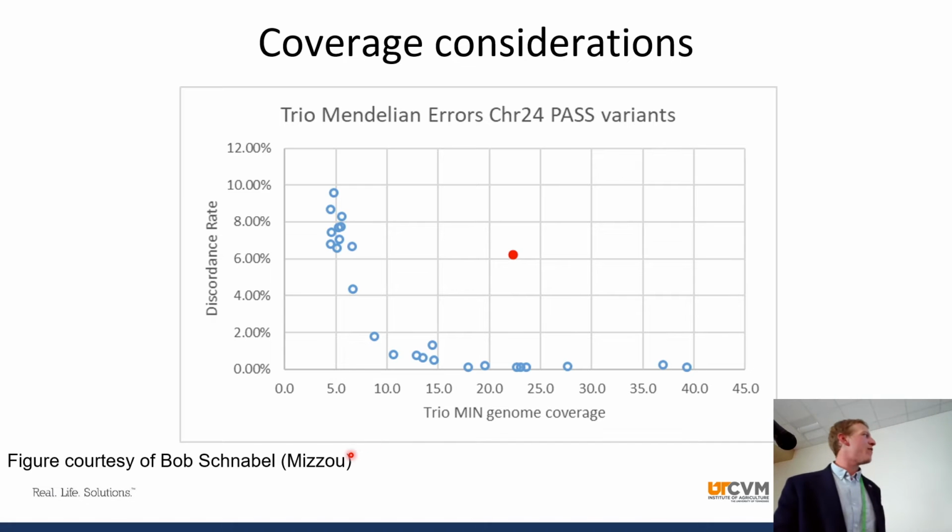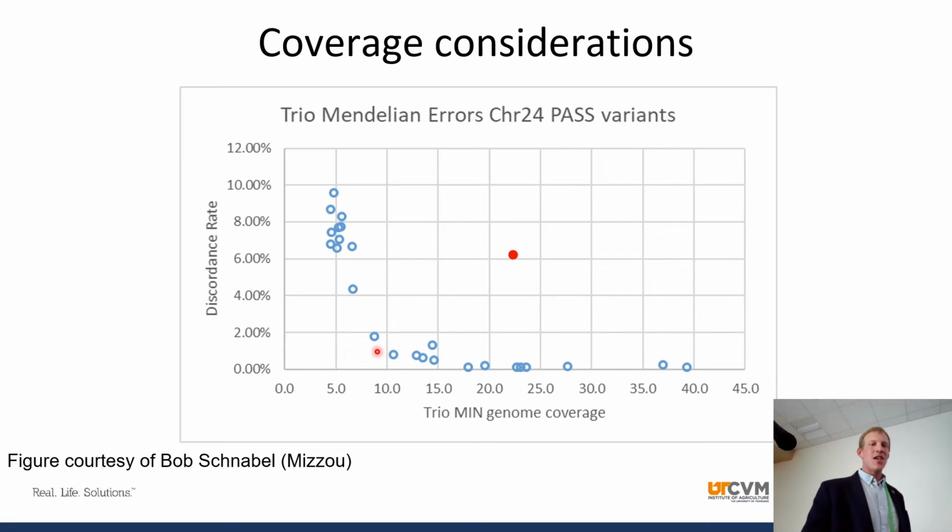This is a figure from Bob at Mizzou, and he did a bunch of work looking at trios, so sire, dam, offspring, and looking at the number of Mendelian errors that occur in these trios based on coverage. What you'll see is that this really quick drop off happens right around 10x genome coverage of these animals.